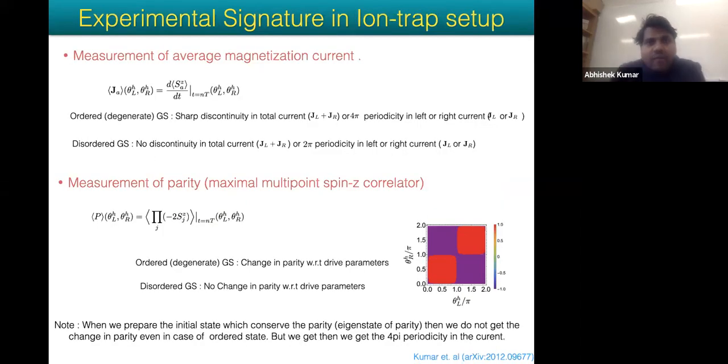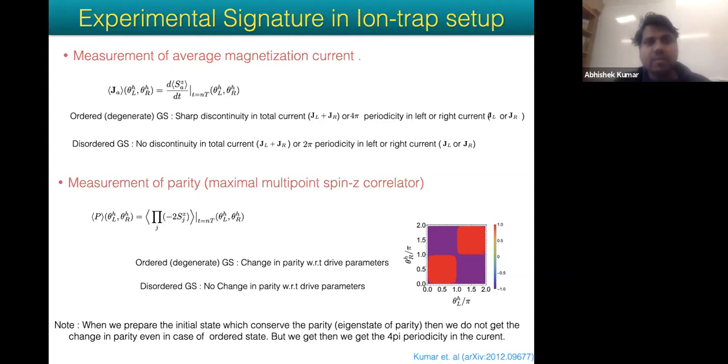So I'll give the experimental signature for this periodically driven XY model in an ion trap setup. To see whether a static XY model is ordered or disordered, we can measure two quantities. One is the average magnetization current, and the other is the parity, which in spin language is a multi-point spin Z correlator.